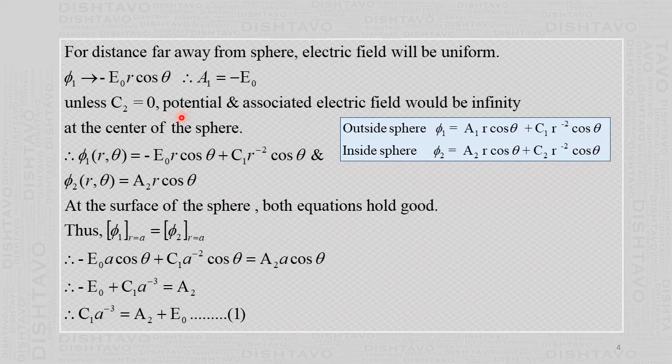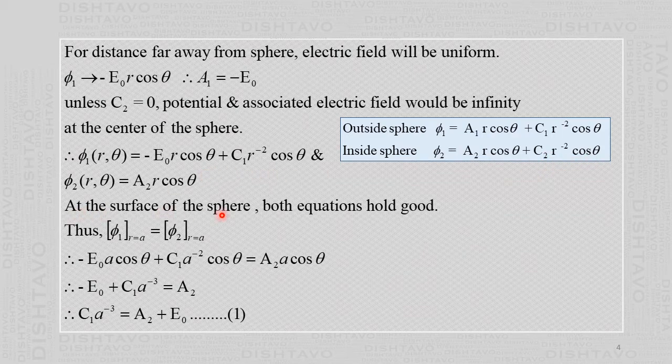So that's why C2 is taken 0, and therefore phi 1 becomes minus E0 r cos theta plus C1 r raised to minus 2 cos theta, and phi 2 is A2 r cos theta, but this other term is equal to 0.